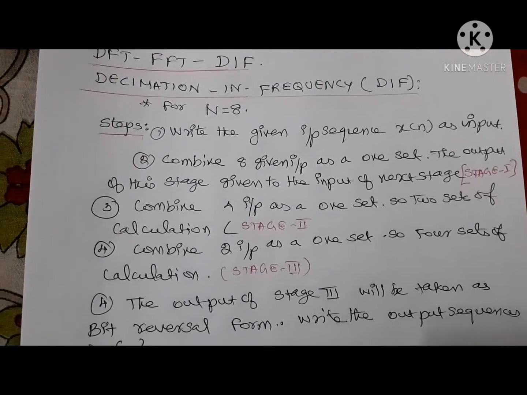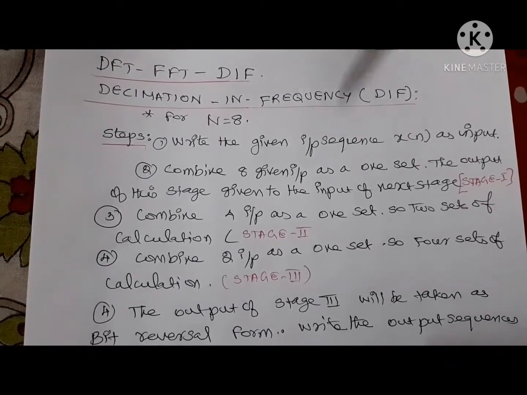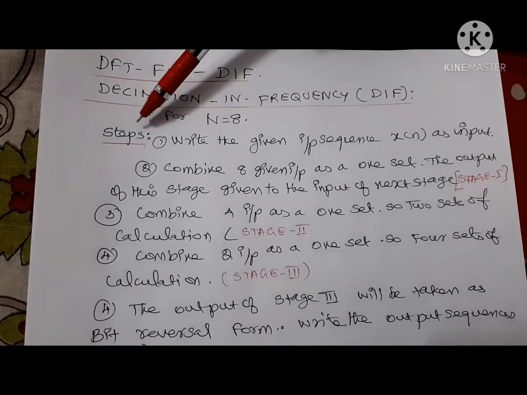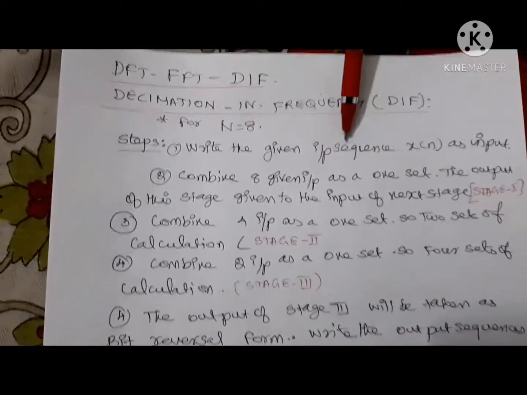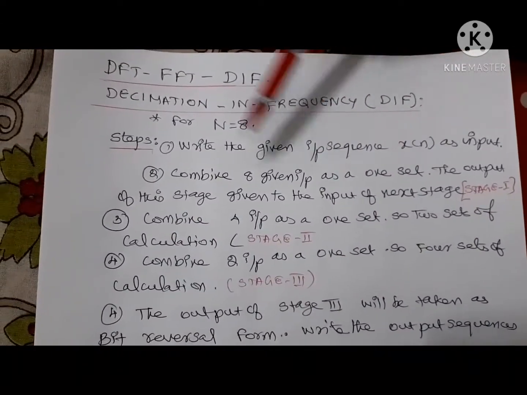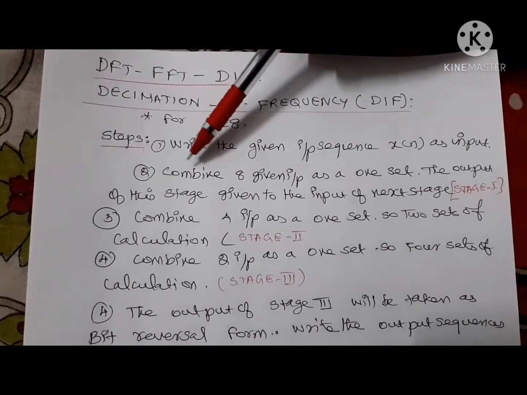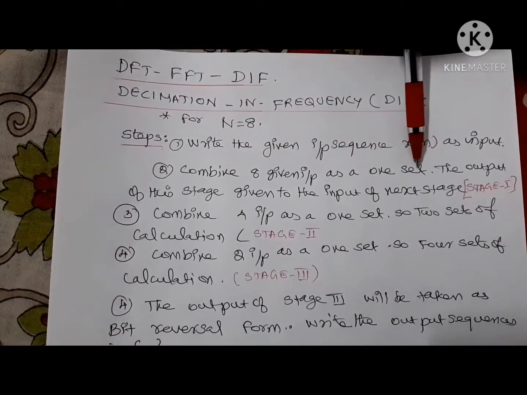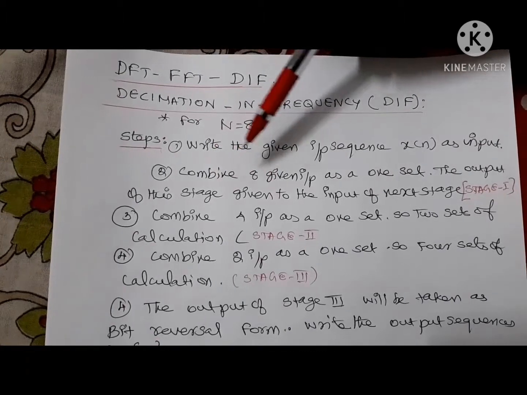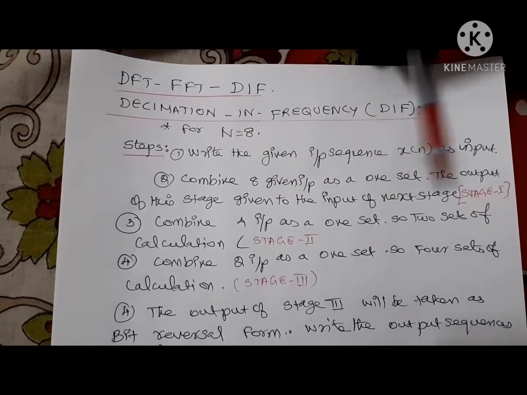So here we will discuss DIF. In DIF, the following steps are followed. First we write the given input sequence x of n as the total input. Then, second step, combine 8 given inputs as one set. The output of this stage is given to the input of the next stage.